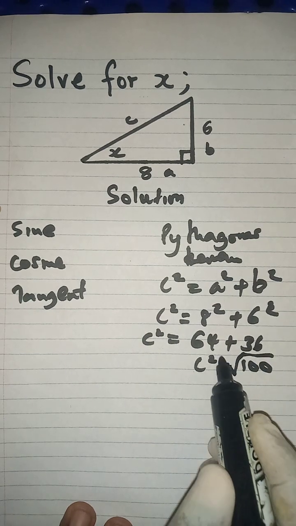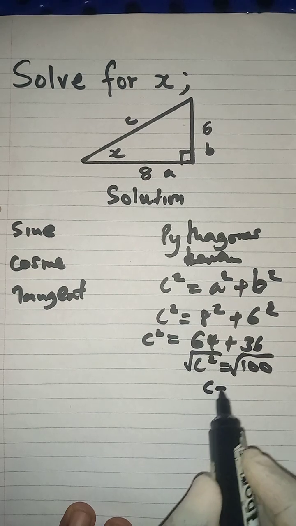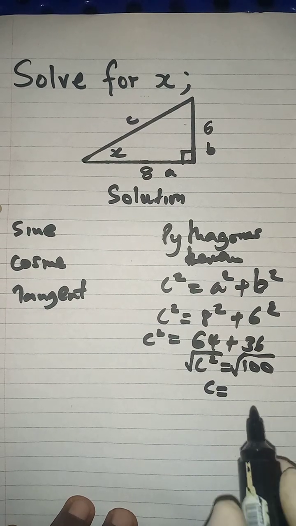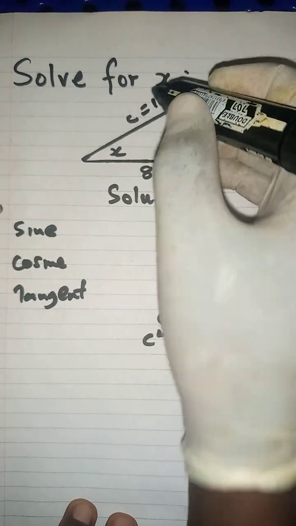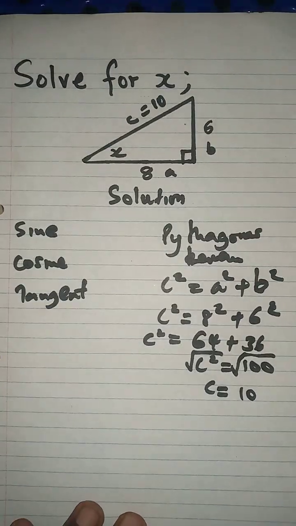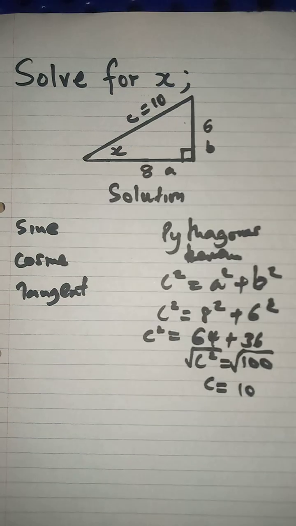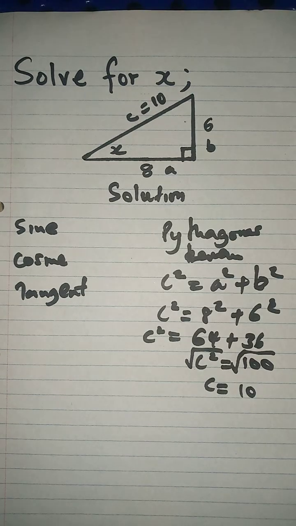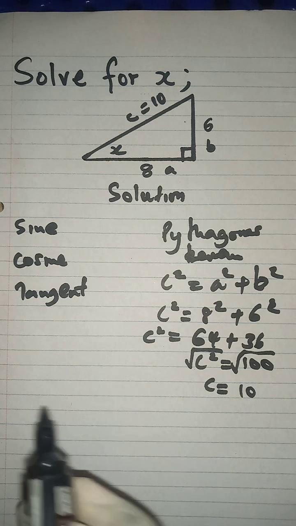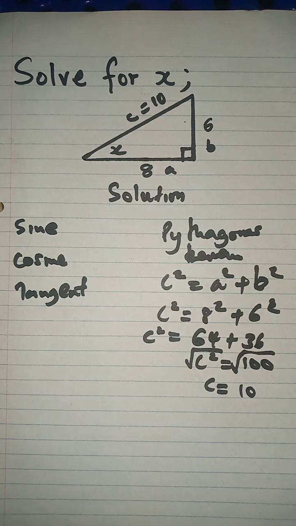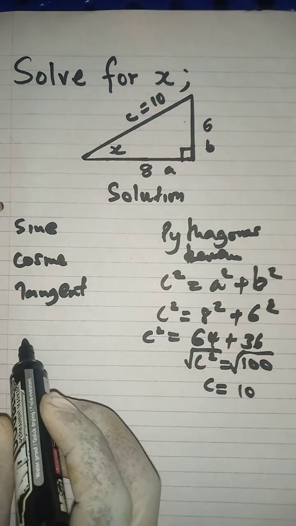Finding the square root on both sides, it is clearly easy to see that the side C is 10, and indeed the diagram itself is obeying that. So that is 10.